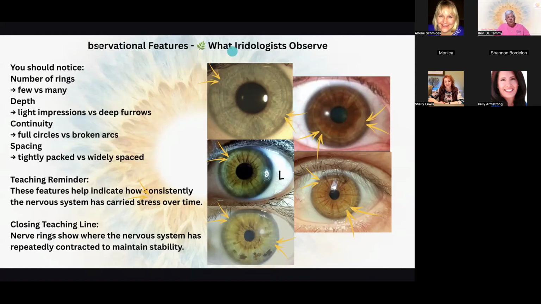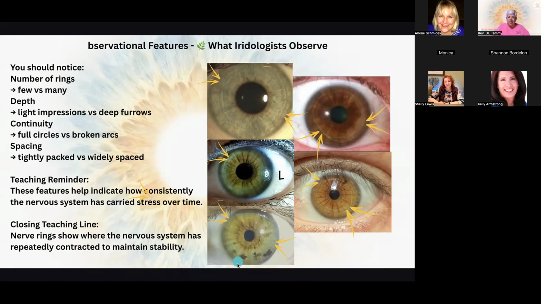Observational features. What iridologists observe. You should notice the number of rings, few versus many, and the depth. So how deep are they? How white are they? So these aren't, I mean, they're there, but they're not real deep. These are pretty deep, and these are pretty deep, and so are these.